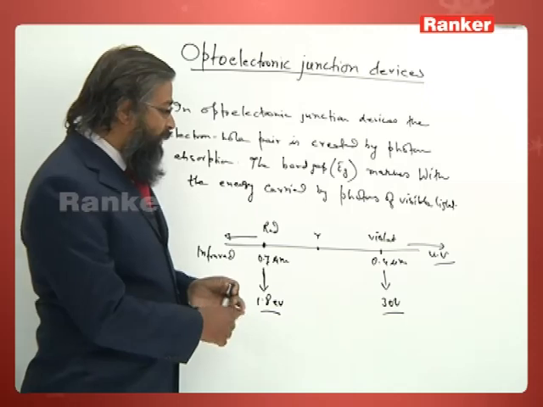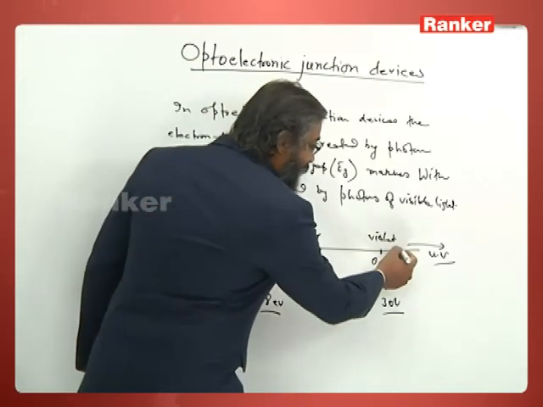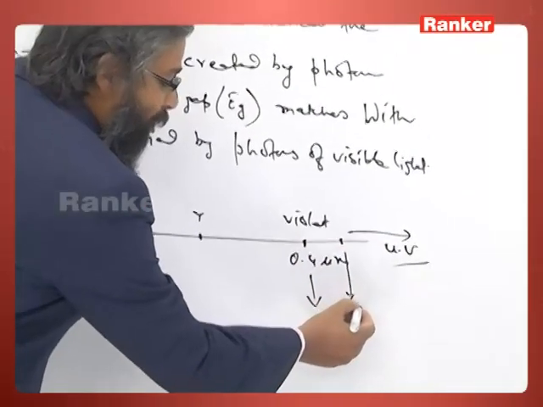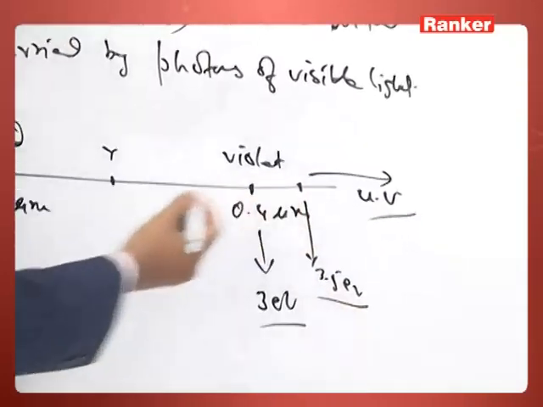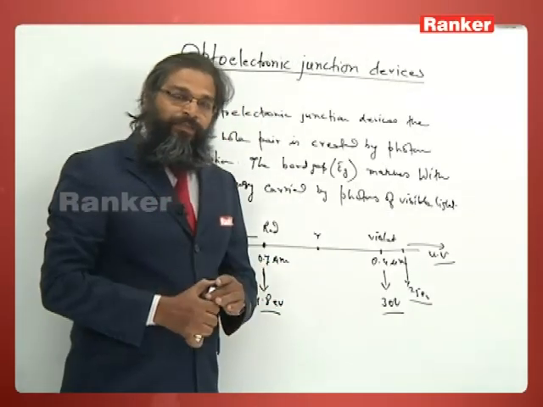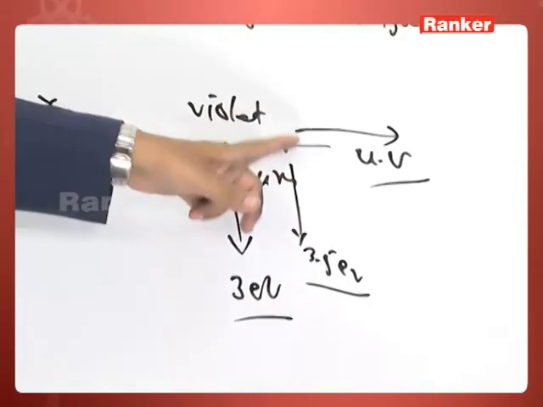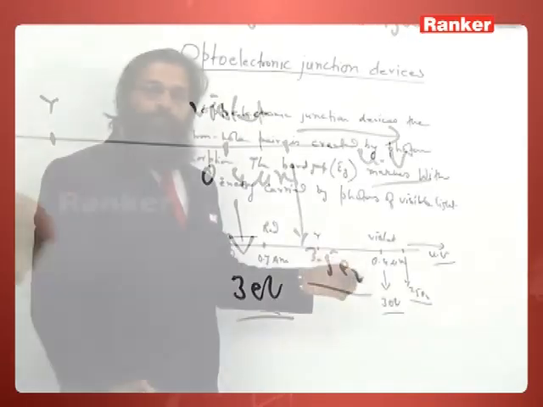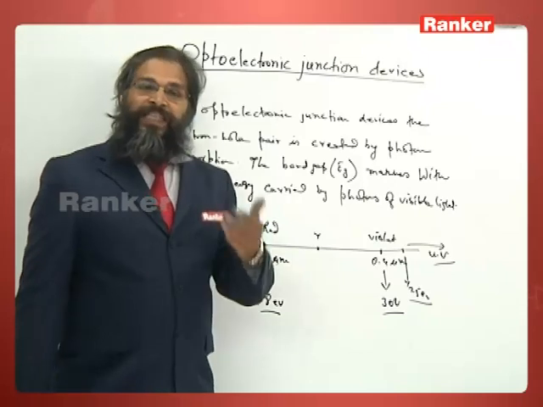Suppose I want a material which works at 3.5 electron volt, that is the ultraviolet region. What type of material will be required and what will be its use? Suppose I want to make an invisible sensor.